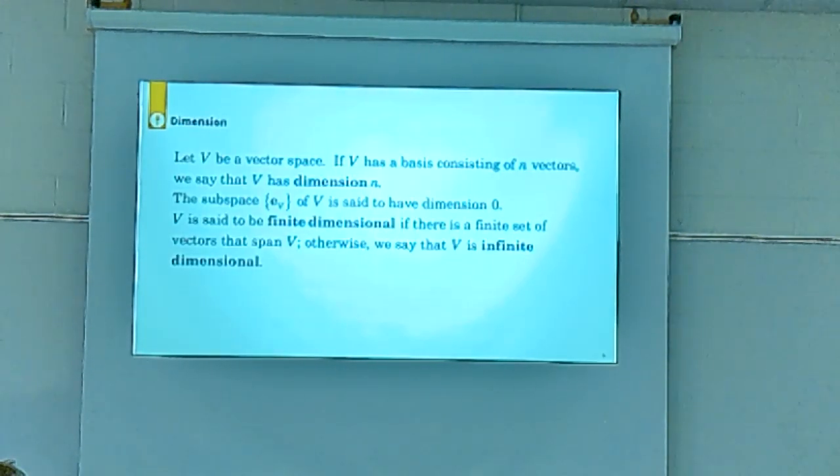Otherwise, it is infinite dimensional. So it is possible that you get a vector space that isn't spanned by a finite number of vectors. You need an infinite number of vectors to span it. That is infinite dimensional.